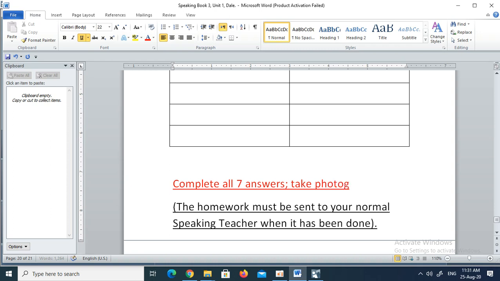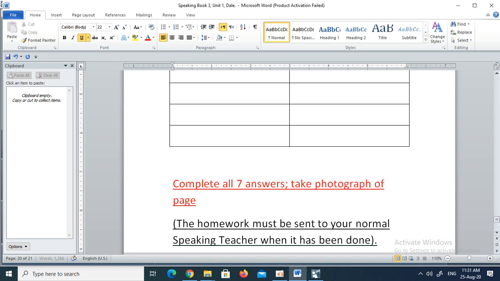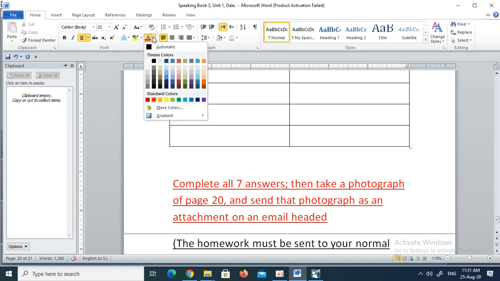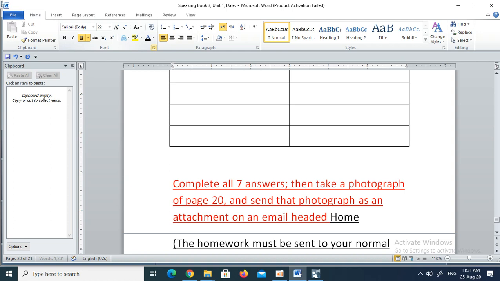I need you to take a photograph of page 20. Okay, so firstly complete all 7 answers, then take a photograph of page 20 and send that photograph as an attachment on an email headed homework.